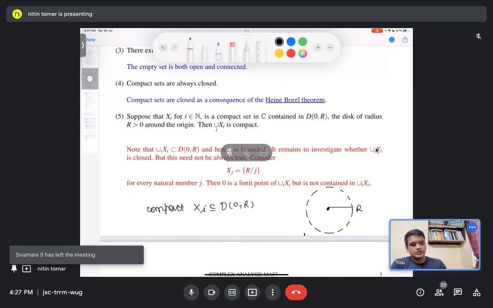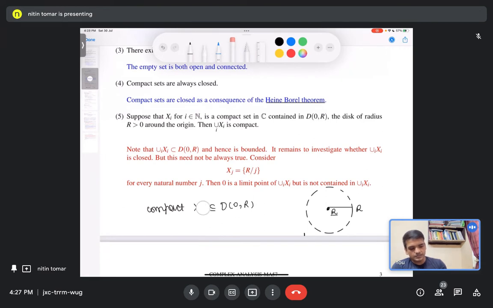Okay, so the answer is false. Why? Because you take, for example, if this is your Xn, the sequence of sets, you take Xn to be {r/n}. Now this union of Xn will be {r/n, where n belongs to the natural numbers}, right?